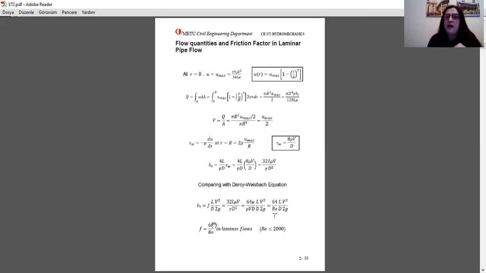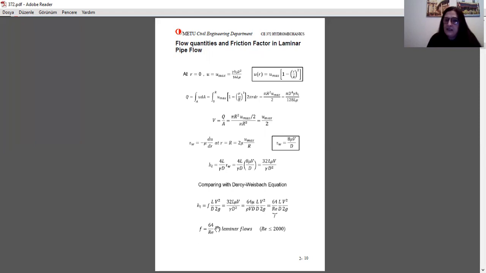So if you have laminar flow, if your Reynolds number is less than or equal to 2000, then we know that the Darcy-Weisbach friction factor is equal to 64 divided by that Reynolds number.